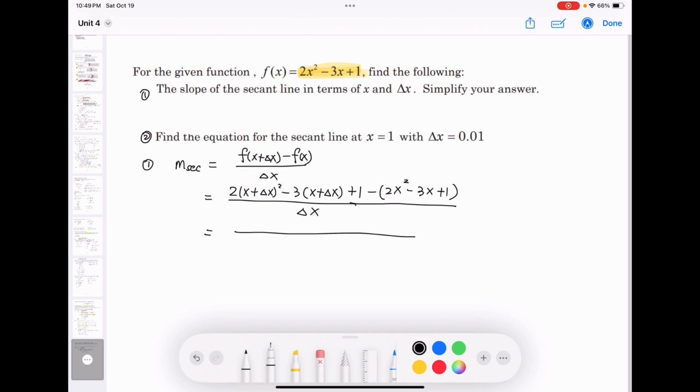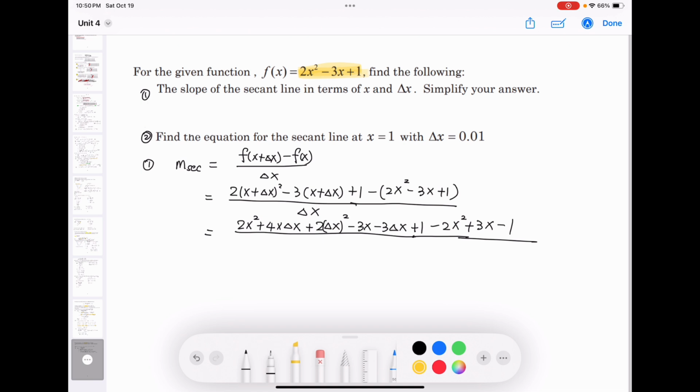So our top, we have 2 times x squared plus 4 times x delta x plus 2 times delta x squared, and then minus, distributing the 3, 3x minus 3 delta x plus 1, minus 2x squared plus 3x minus 1.